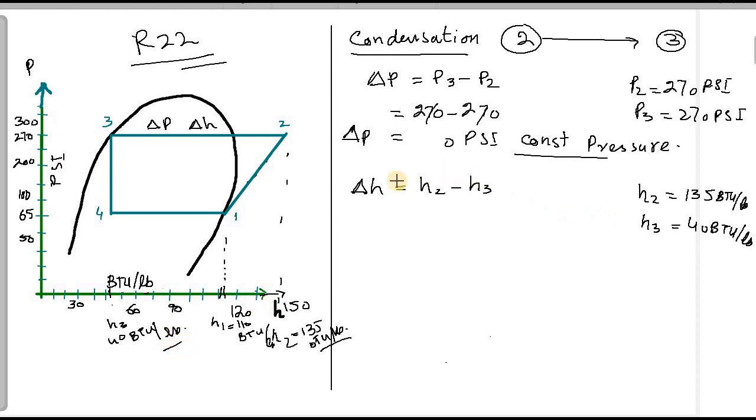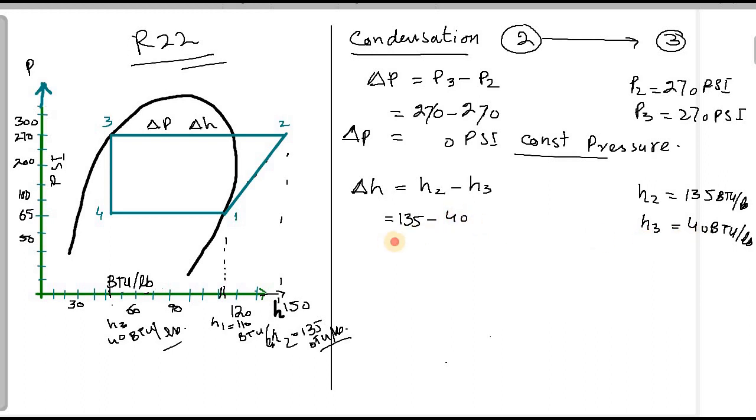So now, according to this formula, the change in enthalpy during this condensation process is H2 minus H3, and the value of H2 is 135 minus the value of H3, which is 40.